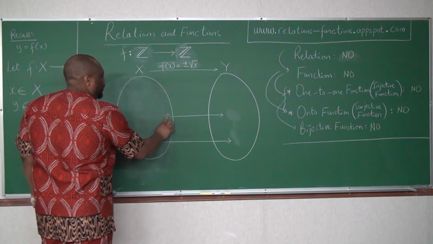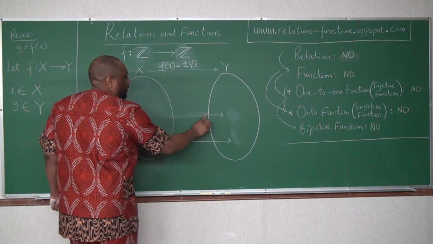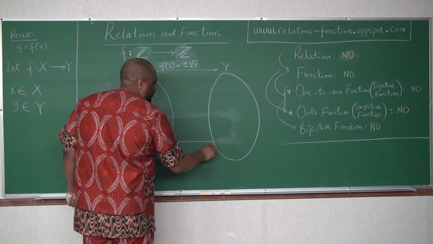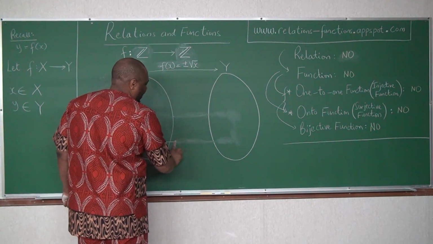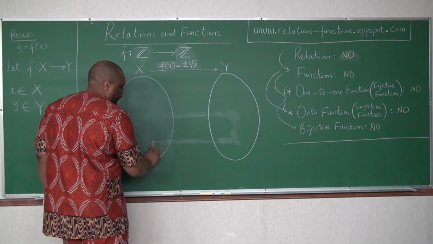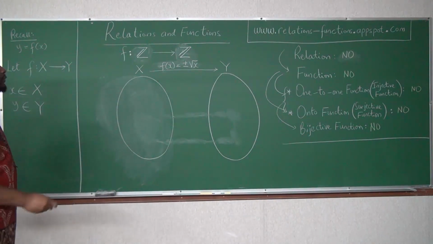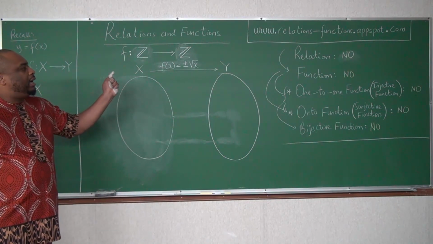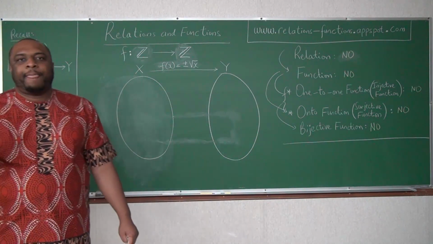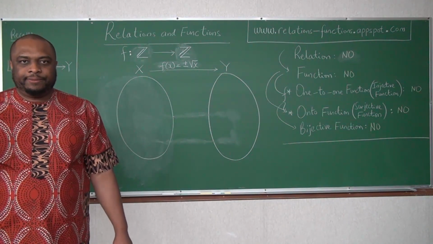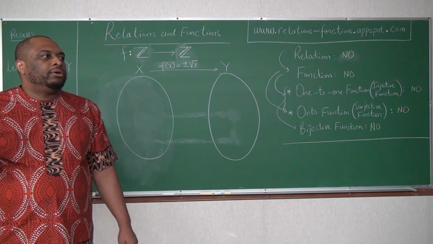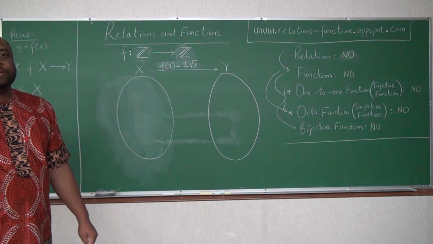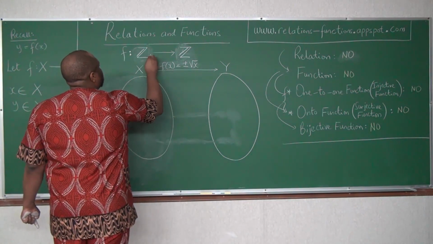I'm just giving you examples, and you can call these real world examples if you want to. With this one, from integer to integer, f of x is plus or minus square root of x. But these are integers, so we're going to talk about positive integers, not just integers.